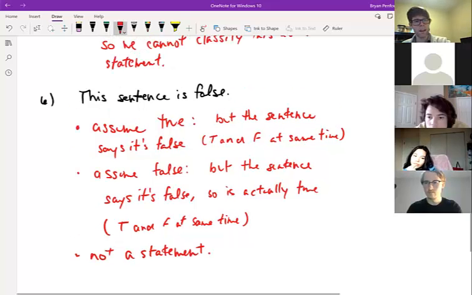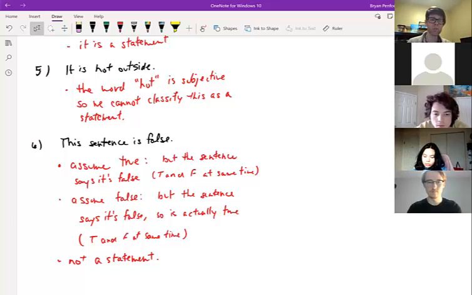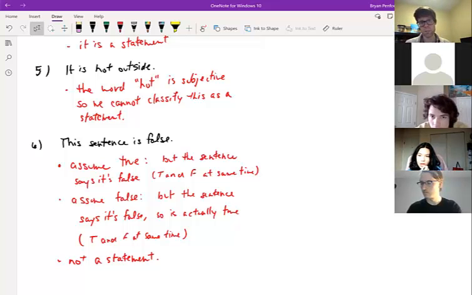So basically, as just a little tiny summary, sentences like number 5 and number 6 are things that we really don't want to study in mathematics. Mathematics is more about sentences that we can deem to be true or false, or true in some instances and false in some instances, but we never want overlap.